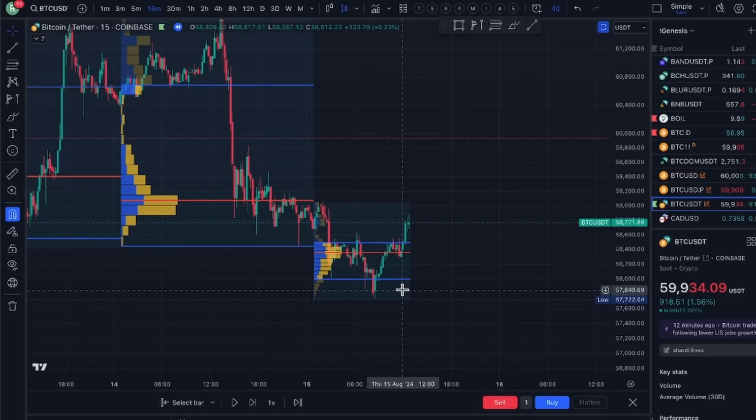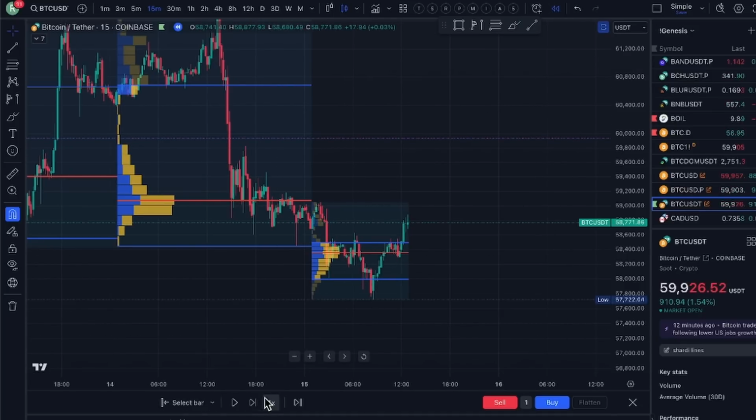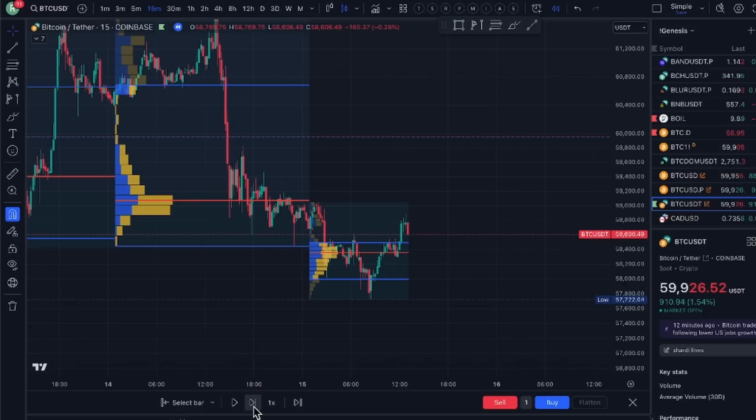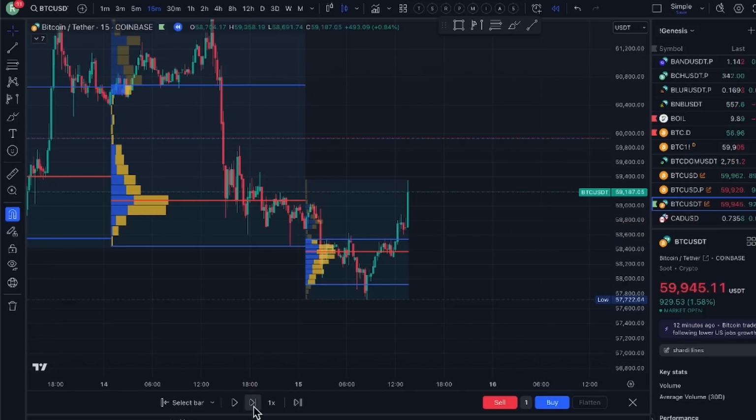So what you see here, we are on the 15th of August 2024. Our Bitcoin price is 58,770 and it's developing. So using that tool of replaying and forwarding, I am starting to see how each 15-minute candle develops.